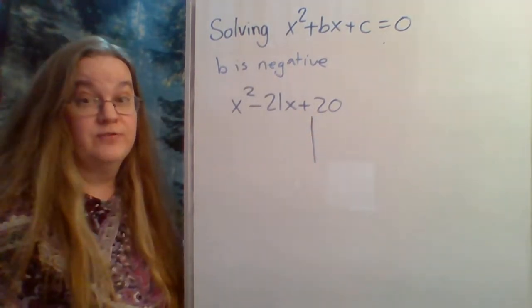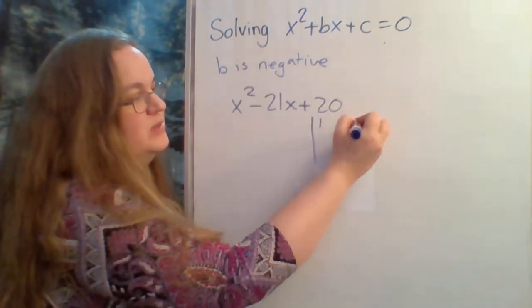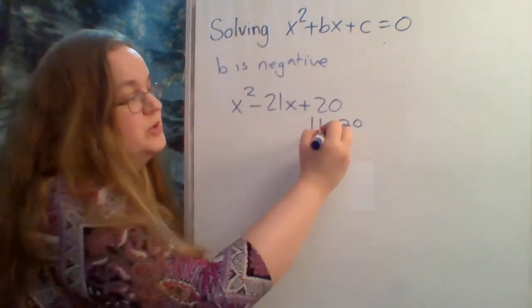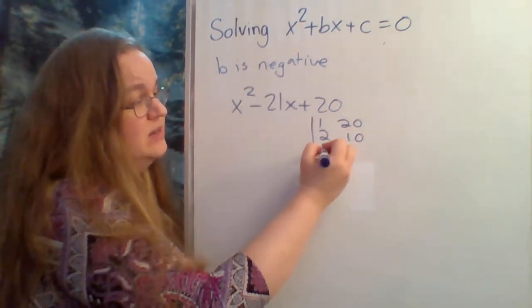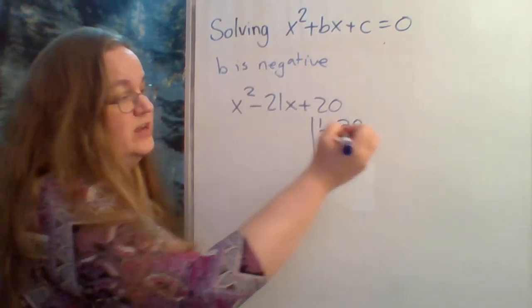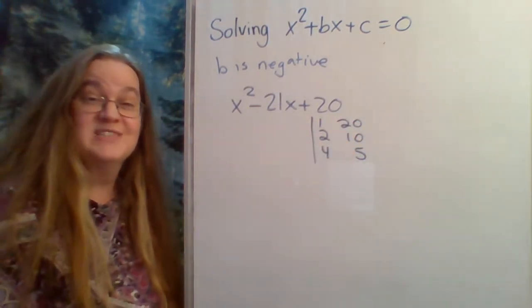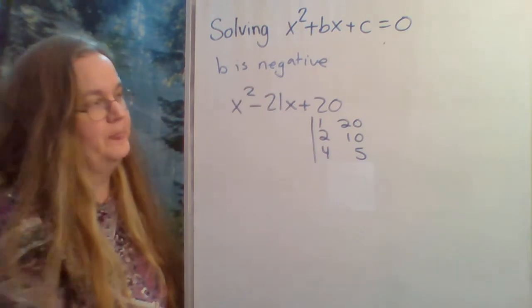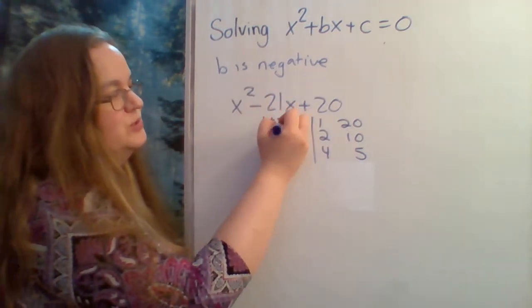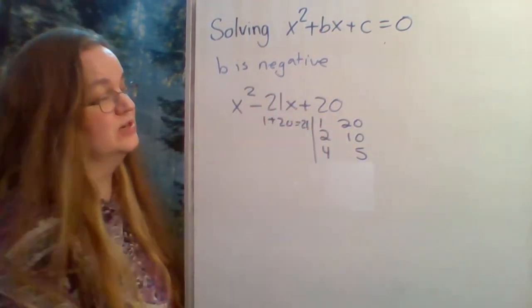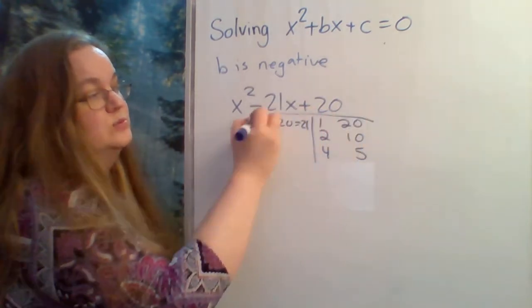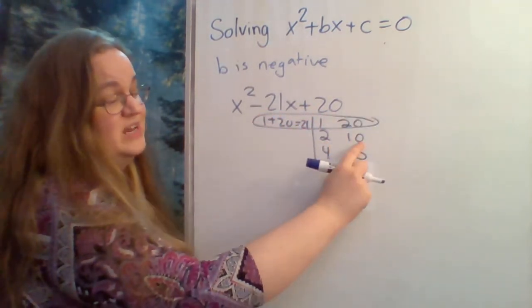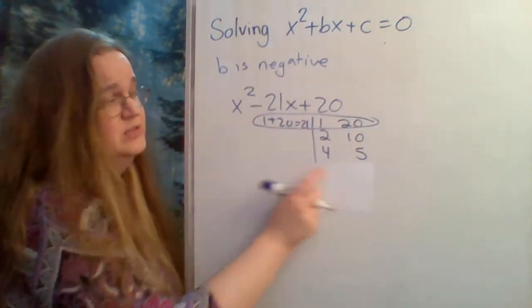I'm looking for factors that multiply together to give me 20. So 1 times 20, 2 times 10, 4 times 5. And then I want to see which ones add together to give me 21. Well, 1 plus 20 is 21, so therefore this works. Okay, 2 plus 10 is only 12, and 4 plus 5 is only 9.